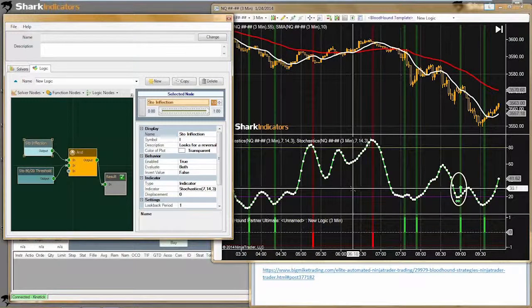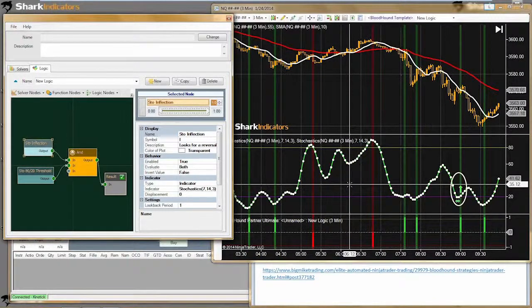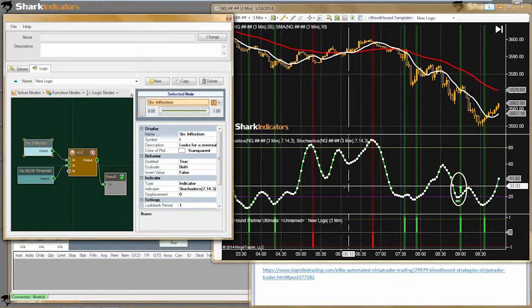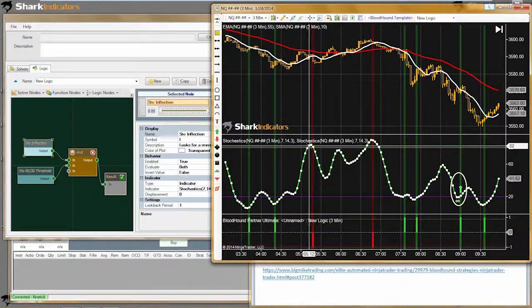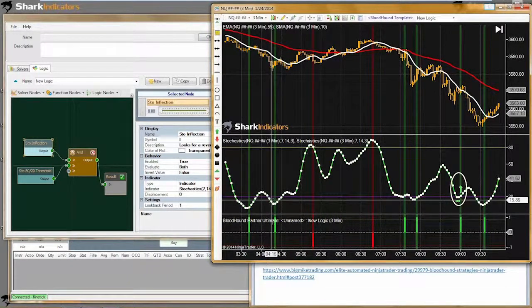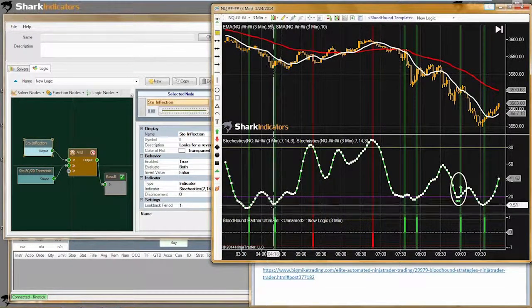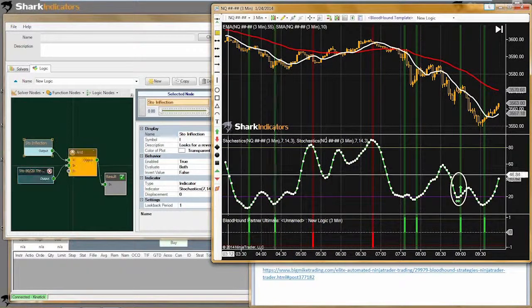I know the common word should have been like the reversal solver. So that's what the inflection is doing, it's looking for this change in angle for when an indicator is changing from sloping down to up or up to down.